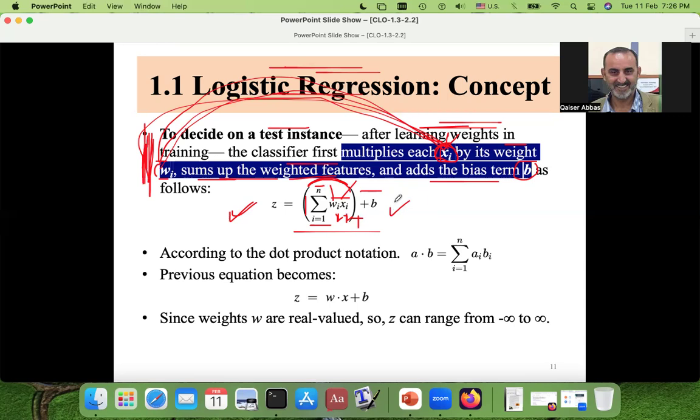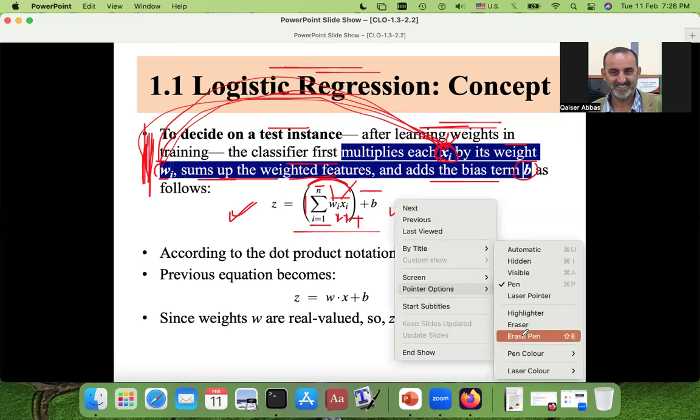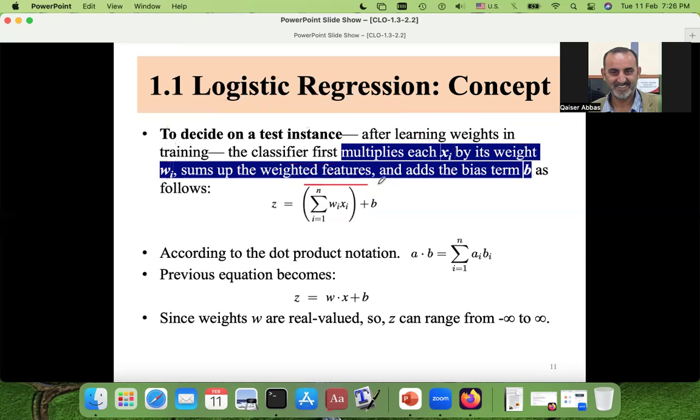So now, in mathematics we have this equation, sigma i equals 1 to n of ai bi. This is what? This is the dot product notation.